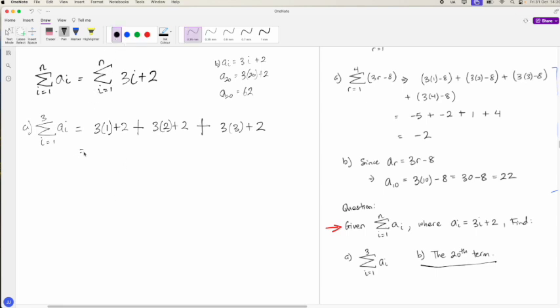Not too hard. That is 3 plus 2 plus 3 2s are 6 plus 2 plus 9 plus 2, which is 24.